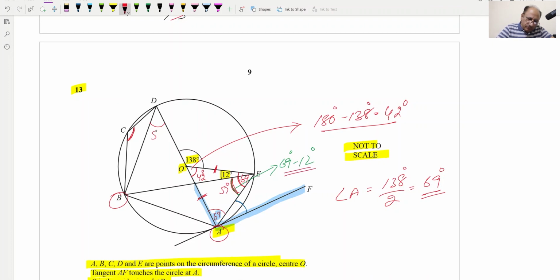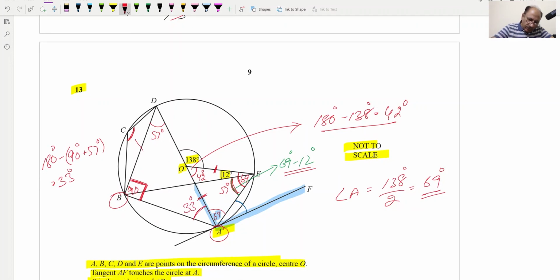So this will also be 57 degrees, and this is a right angle, as it is a triangle in a semicircle. A triangle in a semicircle is a right angled triangle, so this is 90 degrees. So 180 minus (90 plus 57) will be equal to 33 degrees. So this angle will be 33 degrees.